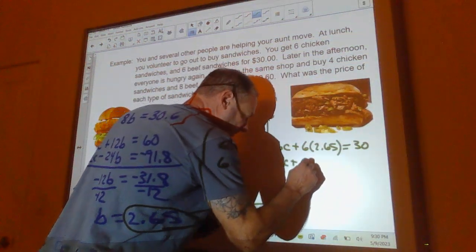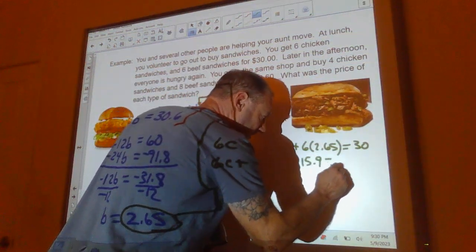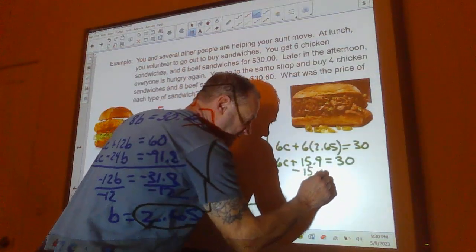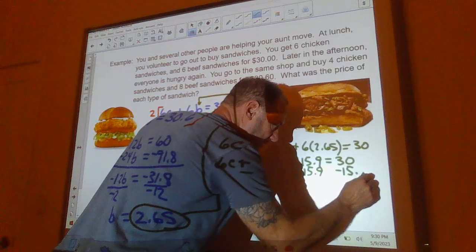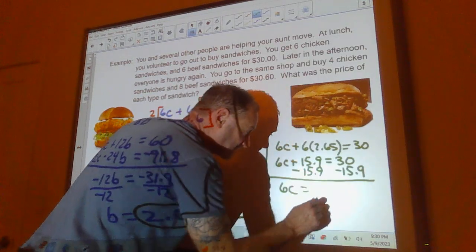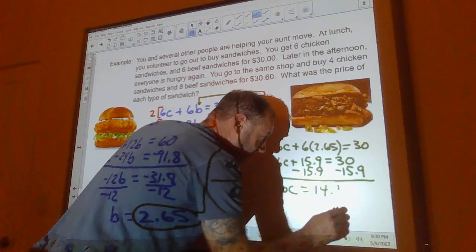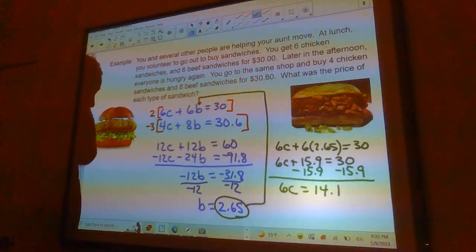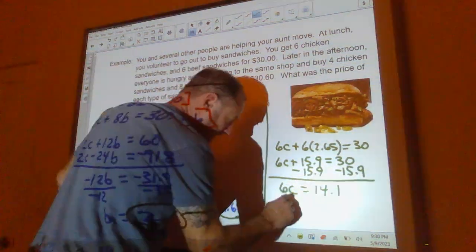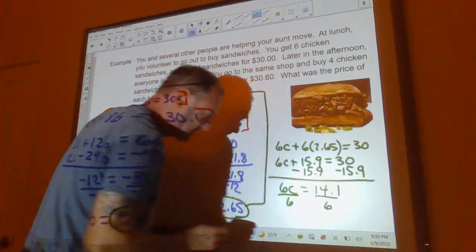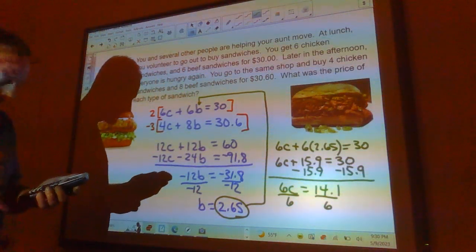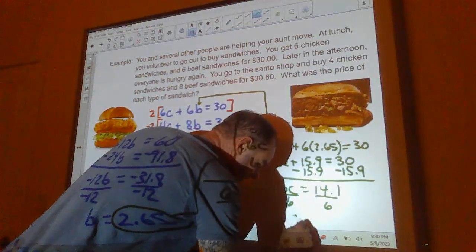So 6C plus 15.9 equals 30. I'm going to subtract 15.90 from both sides, and I'm going to get 6C is going to be 14.1. And then I'm going to divide both sides by 6. And 14.1 divided by 6 is going to be $2.35.